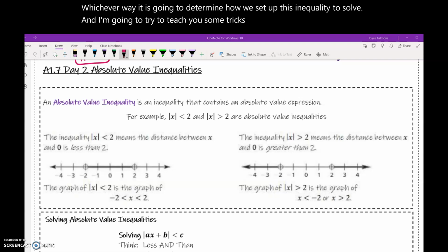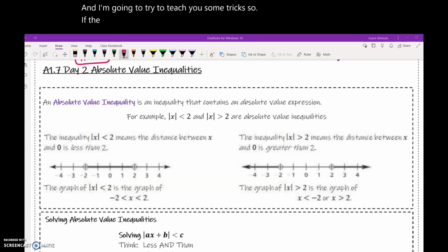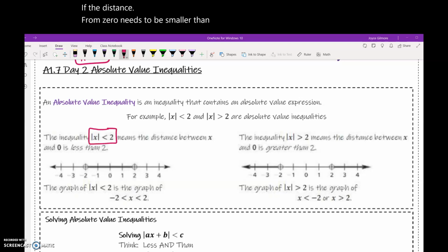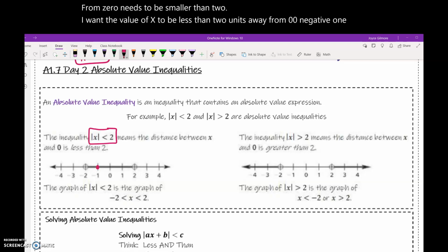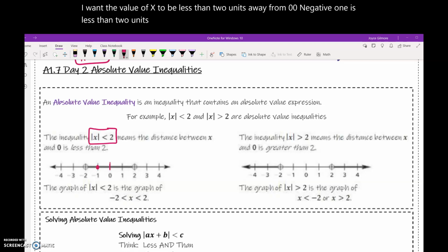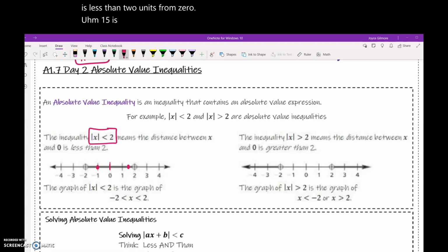So if the distance from 0 needs to be smaller than 2, I want the value of x to be less than 2 units away from 0. So -1 is less than 2 units from 0. 1.5 is less than 2 units from 0.